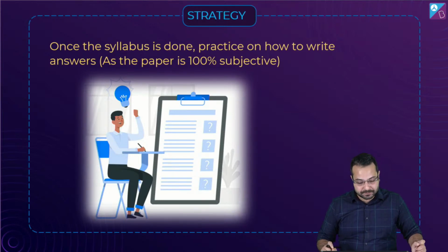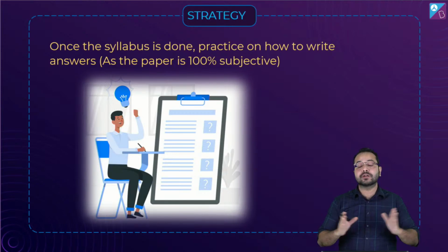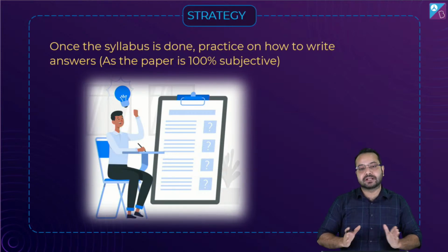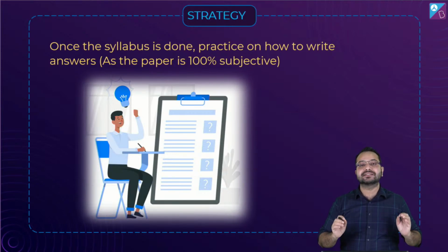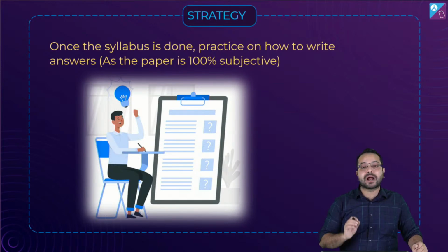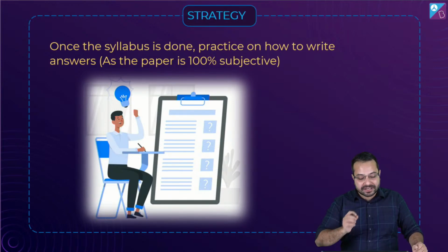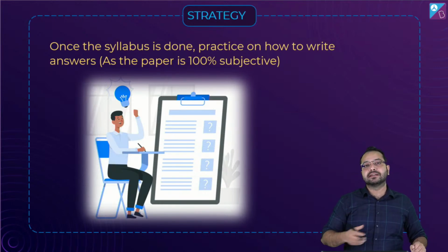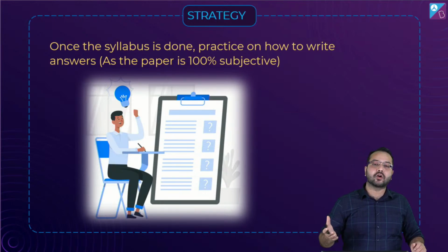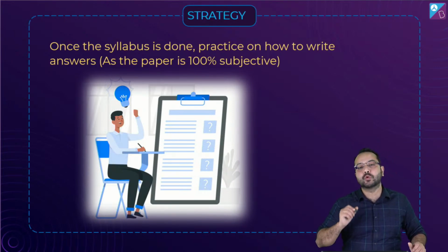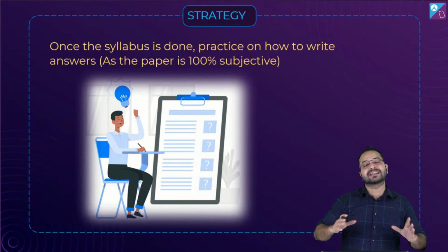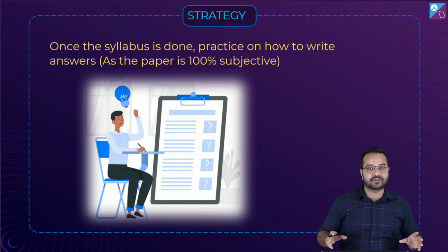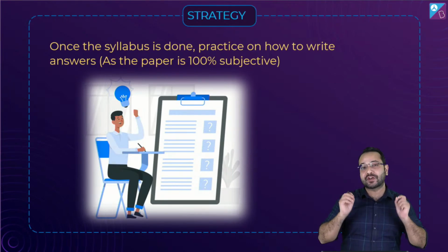The pattern here is subjective. For term 2 the pattern is subjective. Now if the pattern is subjective, then writing your answers is an art. It may happen that you know all the answers, you understand the concept very well, but you are not able to write it properly. The examiner is only going to see what you have written. The examiner is not going to go into your head and try to figure out what you actually know.